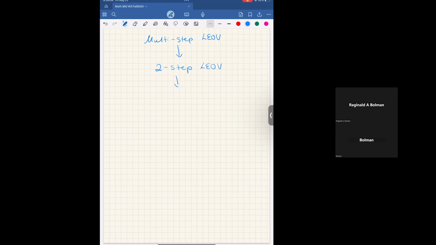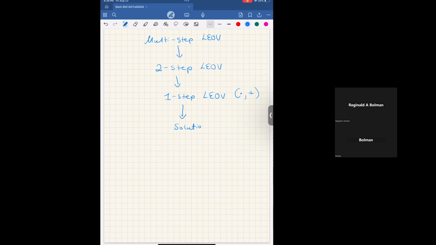From a 2-step LEOV, we will reduce it to a 1-step LEOV, which we know will either be a multiplicative or additive case. And then depending on whether it's a multiplicative or additive case, we will use a multiplicative or additive inverse in order to obtain our solution.